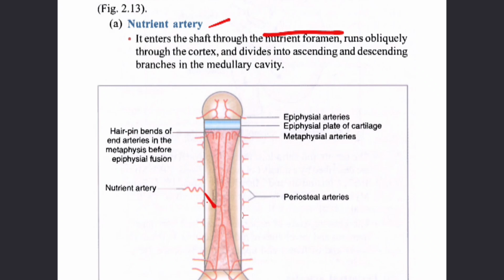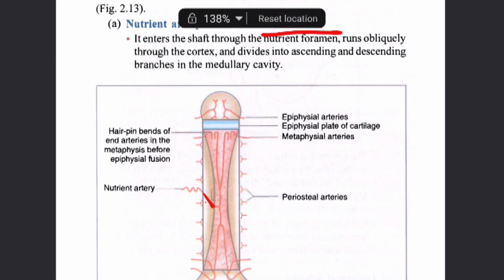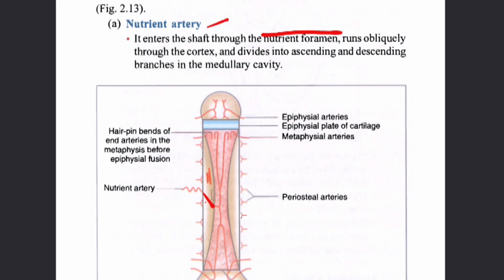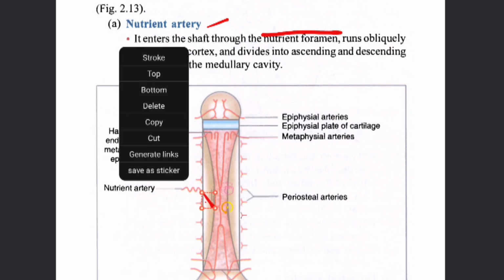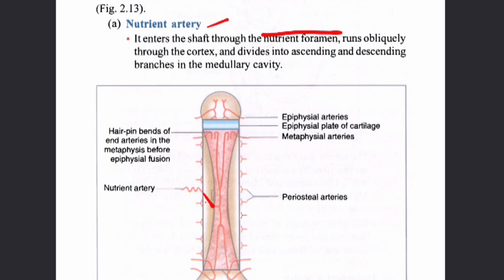Okay, see, this is the cortex region and this is the nutrient artery. What it is doing, it is entering obliquely in the cortex region and then dividing into different parts, that is, ascending, going upside, and descending, downside, branches in the medullary cavity.